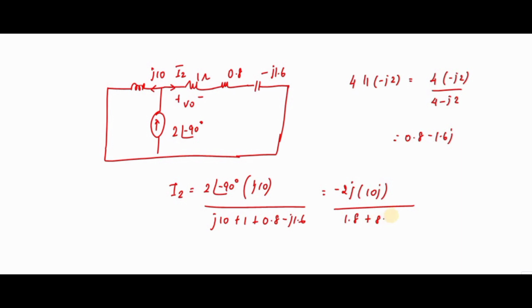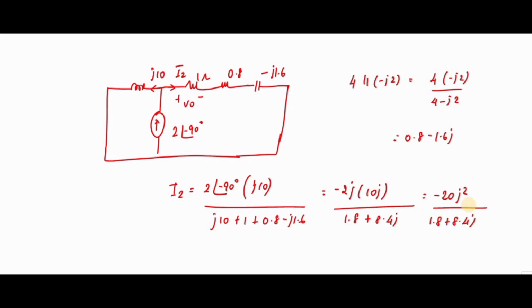That gives minus 20 j squared divided by 1.8 plus 8.4j.